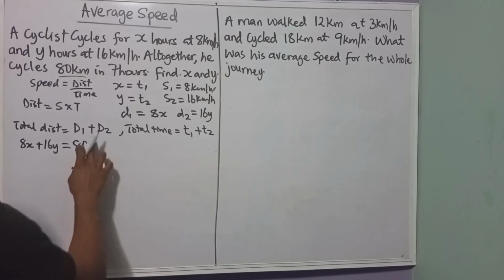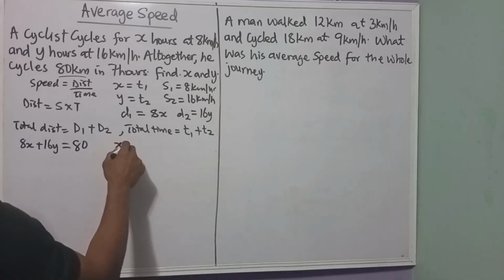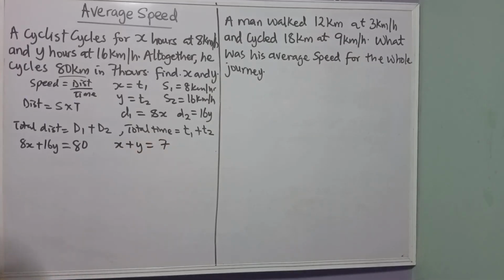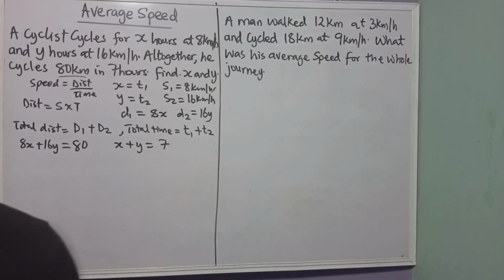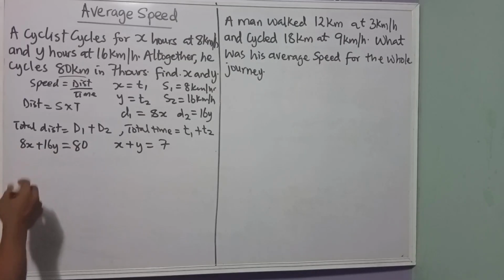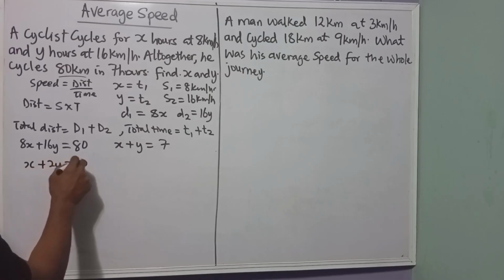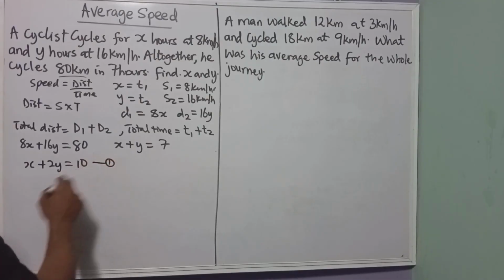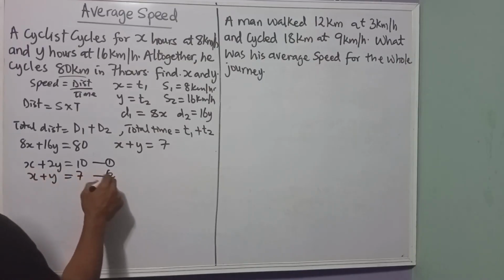Then our T1 plus T2, which is X plus Y, equals 7 hours. So from here we can find the value of X and Y by dividing this by 8. This becomes X plus 2Y equals 10, which is equation 1, and we have X plus Y equals 7, equation 2.